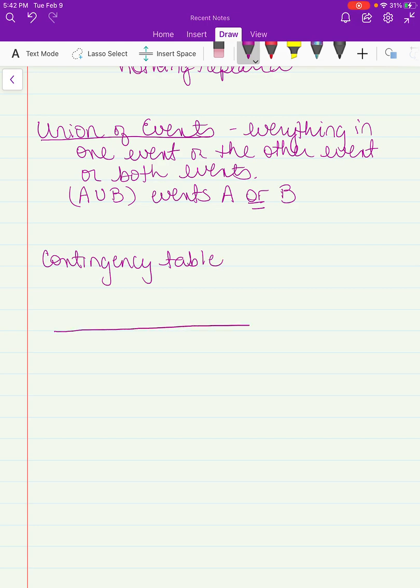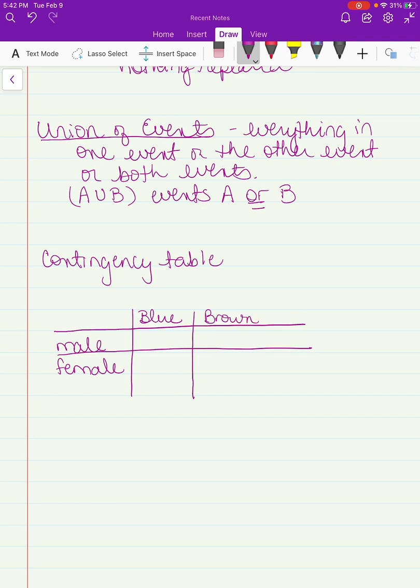So let's say we have males and females. And let's say we have blue-eyed, brown-eyed, and other. I'm just making this up, so just kind of bear with me. And I'm going to put in some numbers.